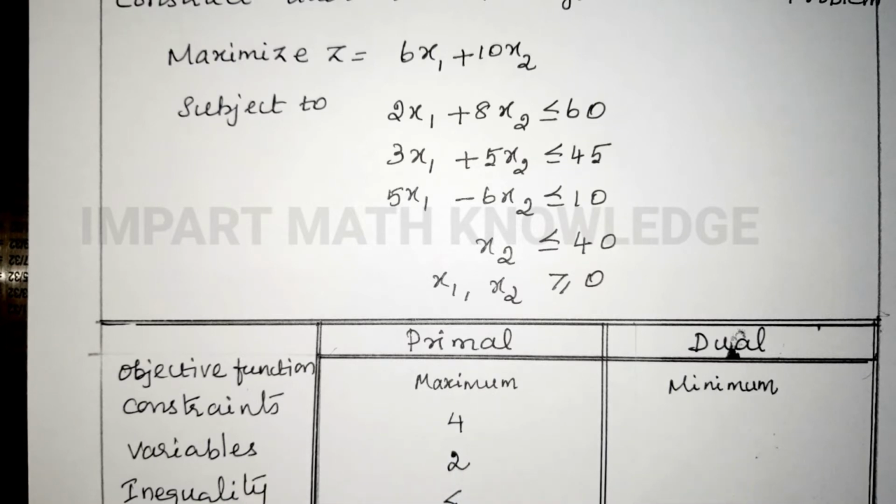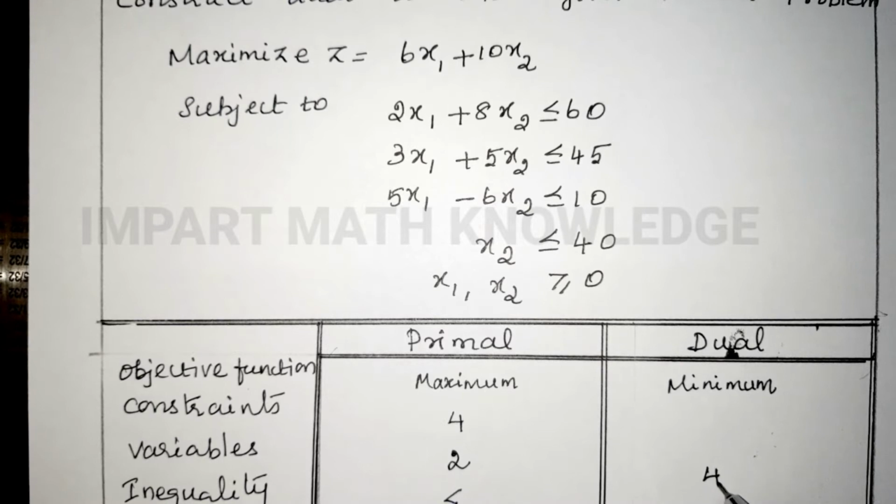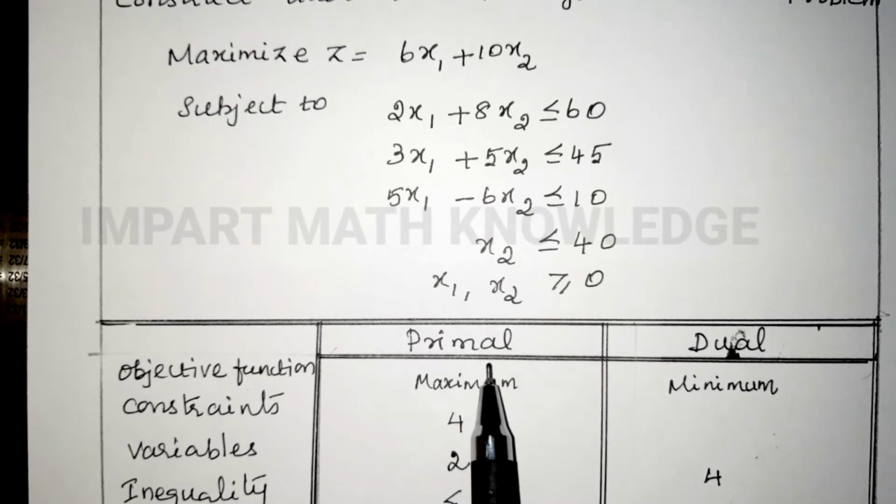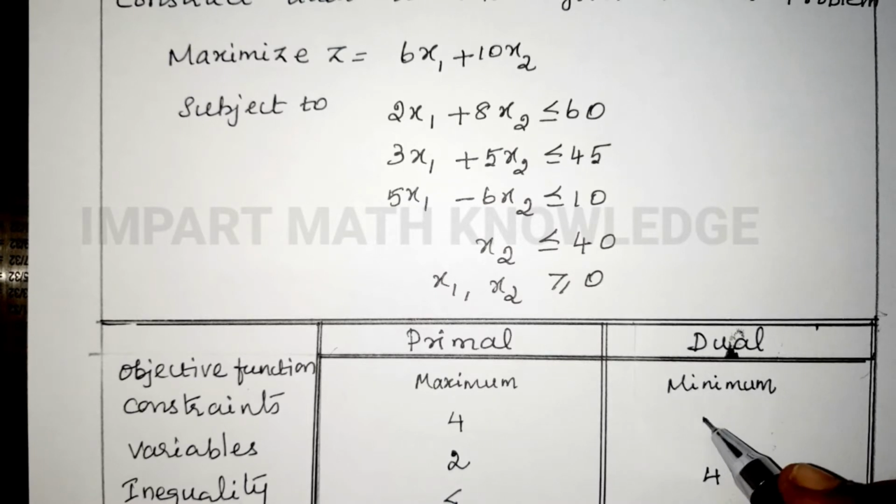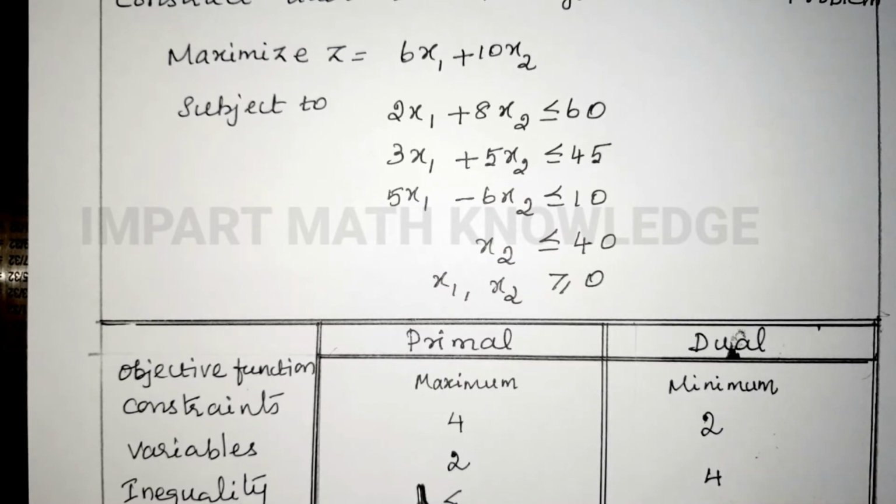In the primal problem, constraints are 4, so in the dual problem, the variables are 4. In the primal problem, variables are 2, so in the dual problem, constraints are 2. Remember that the number of constraints in the primal problem will be the number of variables in the dual problem.